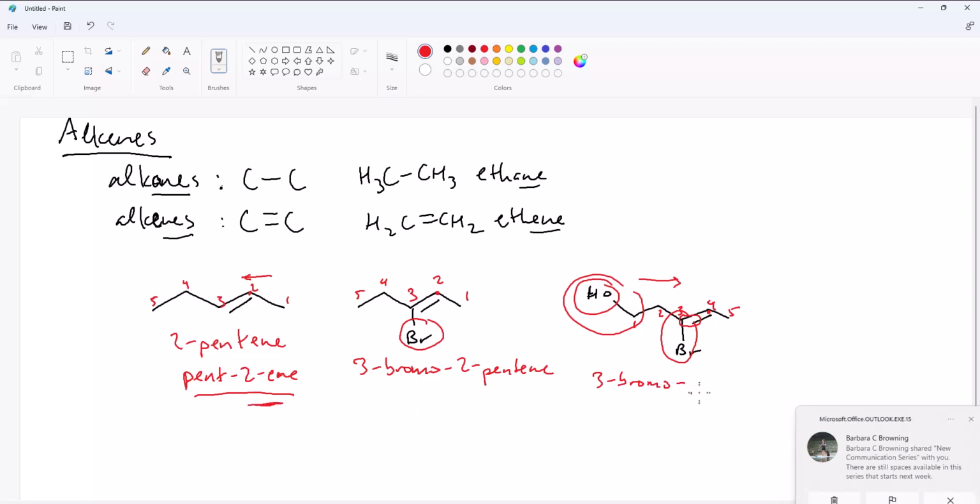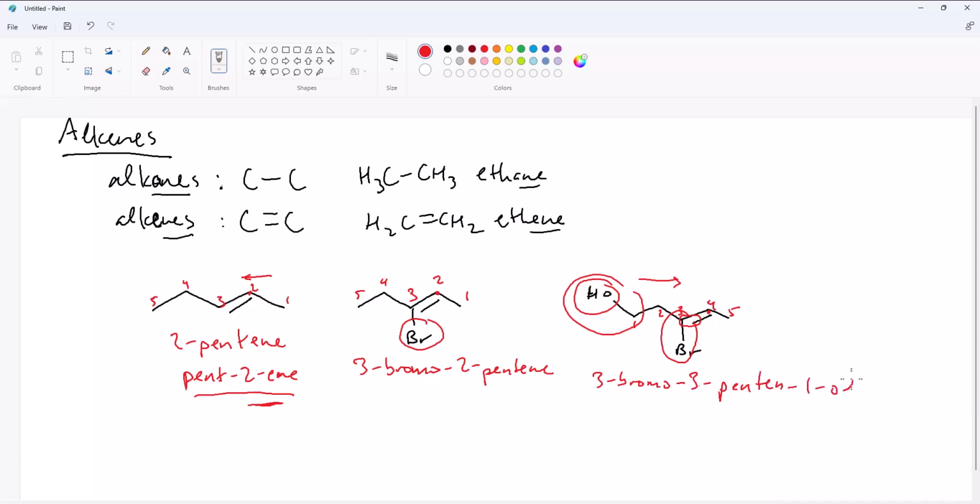So what that looks like is we have 3-pentene and then 1-ol. We could also label this as pent-3-en-1-ol, indicating that the 3 is for the alkene and the alcohol is on the 1 position, excuse me.